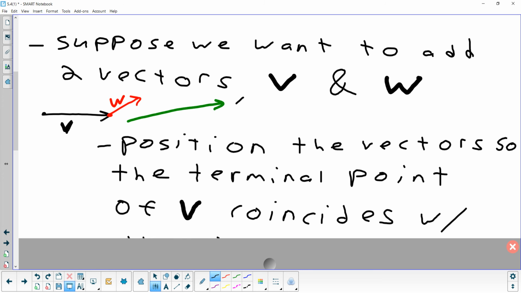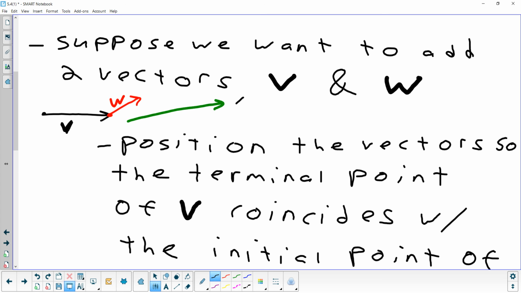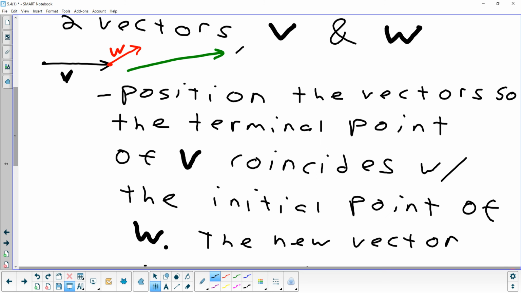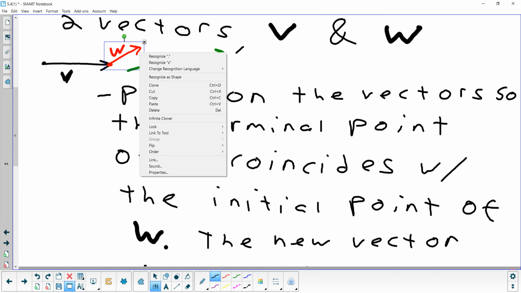Position the vectors so that the ending point of V, that's the tip of the arrow, lines up with the starting point of W. And that's what I've done in that picture. Then to get the final answer, to get a picture of what the new vector would look like, you're going to connect the initial point of V all the way to the terminal point of W.